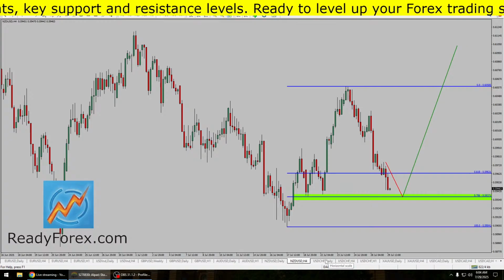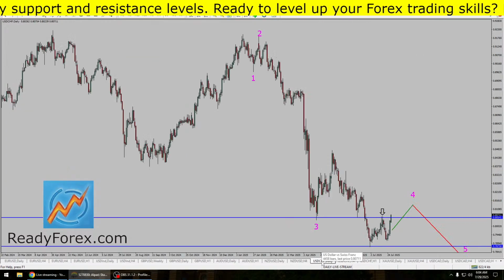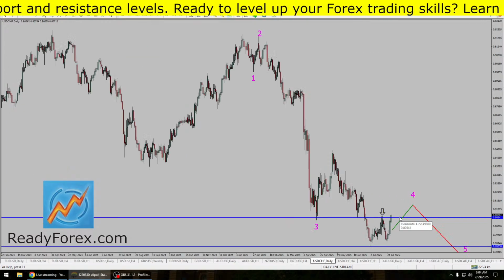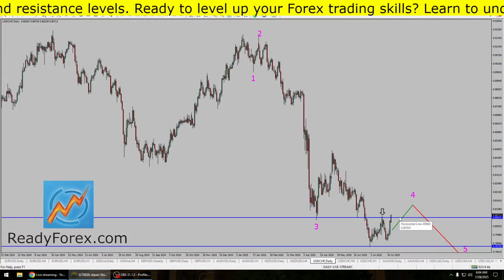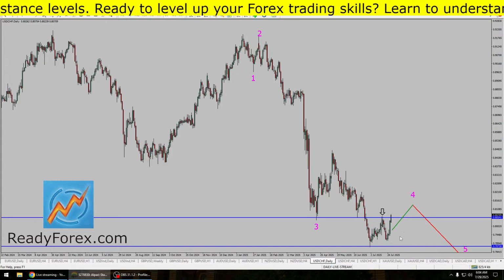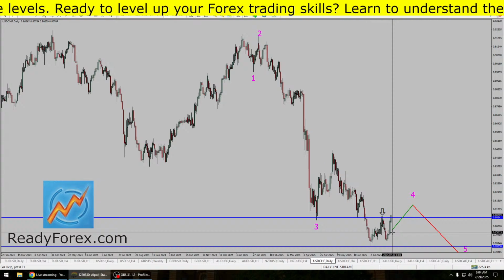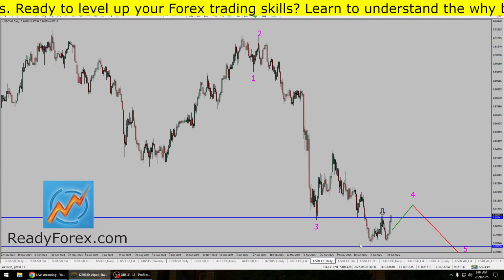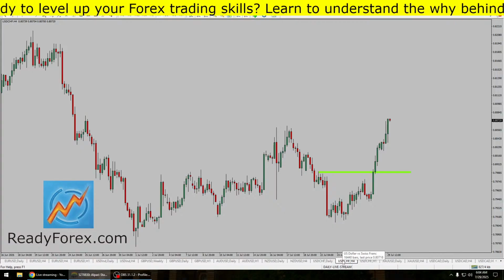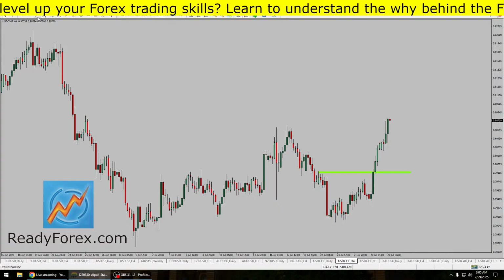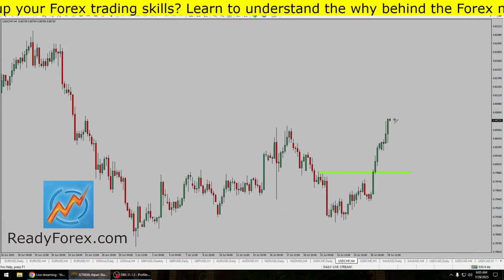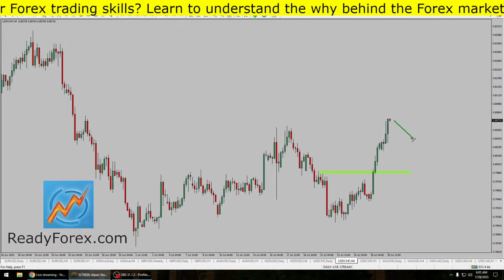Okay, next one is the US dollar Swiss franc. This was the forecast, and price action is so far following the forecast. I'm expecting a bullish price action inside US dollar Swiss franc, and it's going to rise up even further. Now regarding the Swiss franc, if you guys know, there's no need to worry about it.